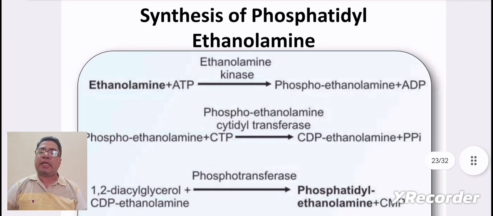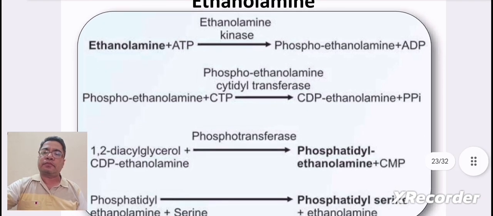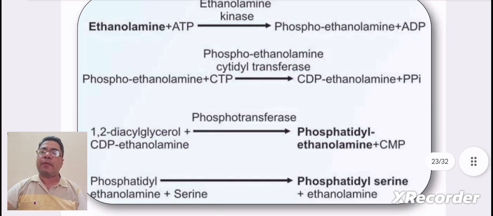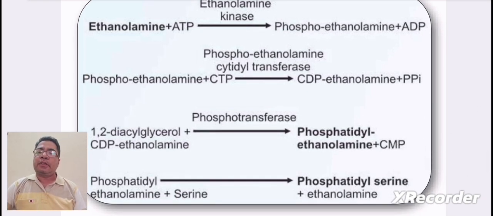In this diagram, we can see how phosphatidylethanolamine is synthesized. Ethanolamine plus ATP gives phosphoethanolamine plus ADP in the presence of the enzyme ethanolamine kinase. Then phosphoethanolamine plus CTP gives CDP ethanolamine plus PPi in the presence of phosphoethanolamine cytidyl transferase.